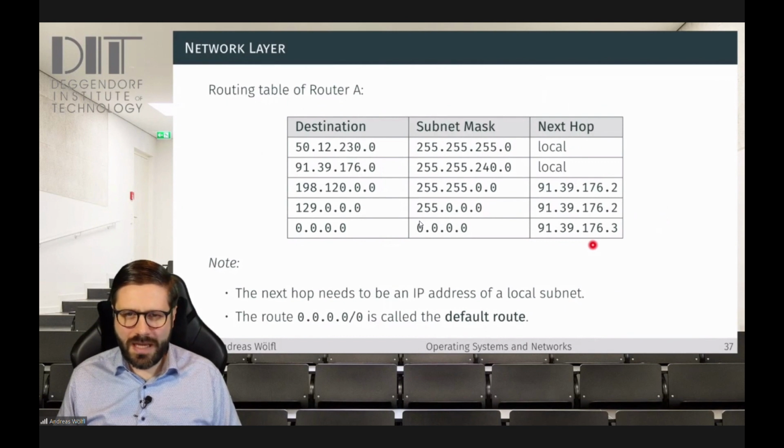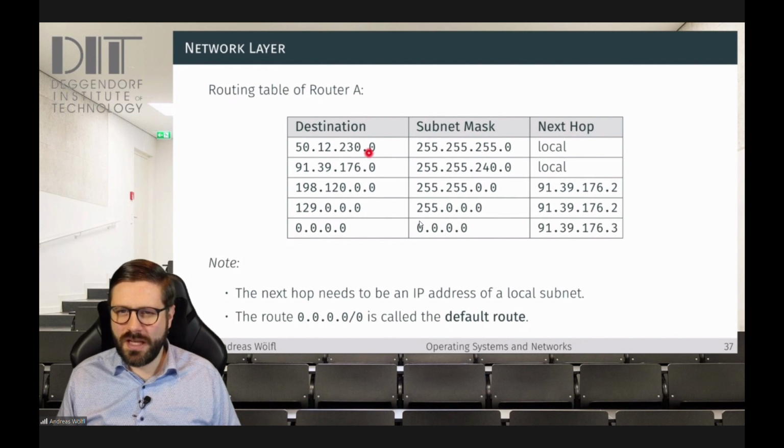And an actual IPv4 routing table looks like that. We have 3 columns in our routing table: the destination, the subnet mask, and then the next hop. The destination and the subnet mask define the subnet address, because the destination is a network address.